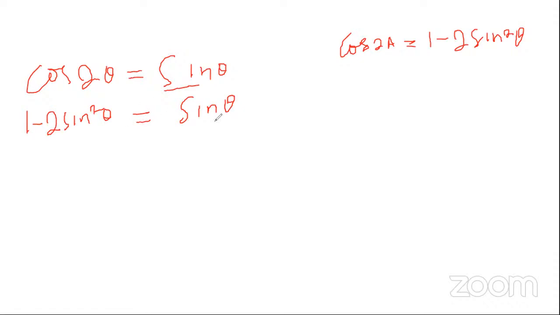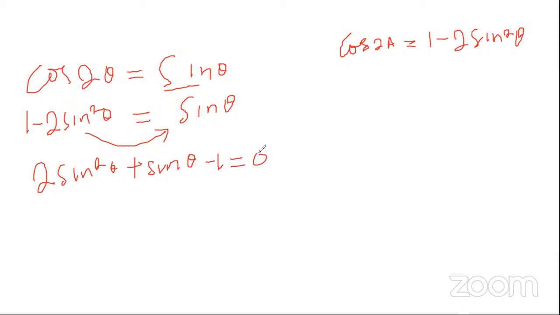We bring all of them to one side, so we shall have 2 sine squared theta plus sine theta minus 1 is equal to 0.